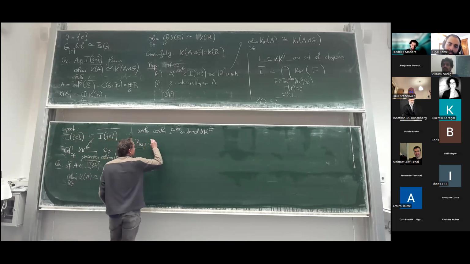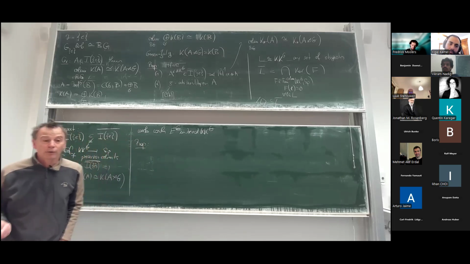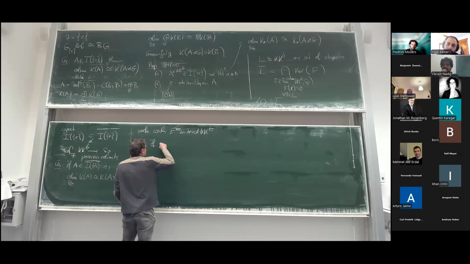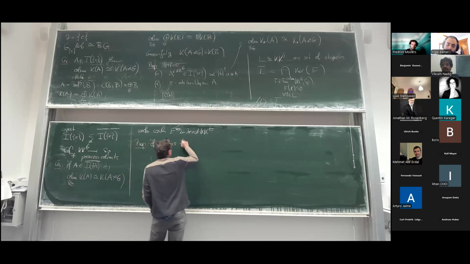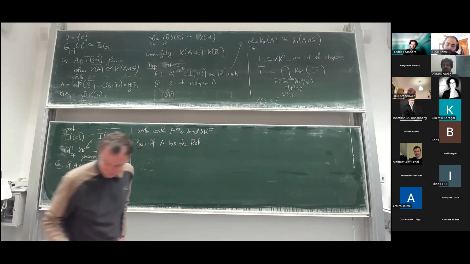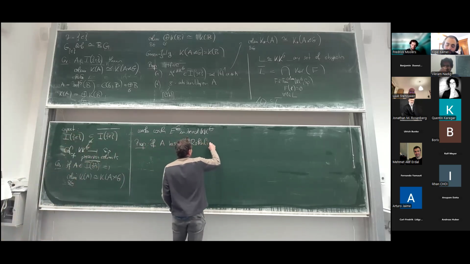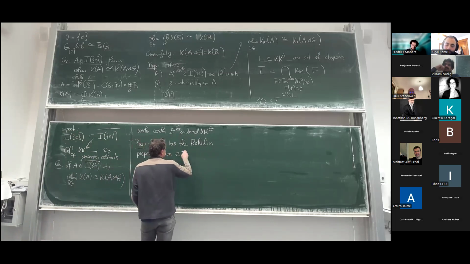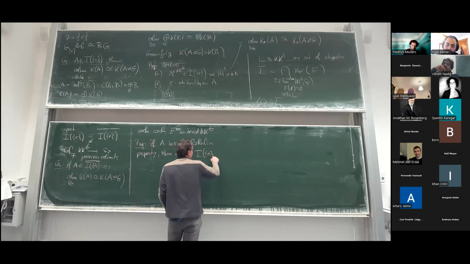So, there is this so-called Rochlin property, which is an action of a finite group on a C-star algebra. If A as a G C-star algebra has the Rochlin property, then this class, now I write E of A, is in the corresponding closure.